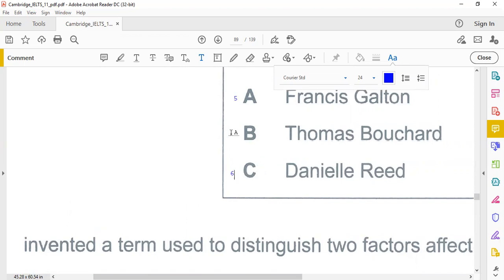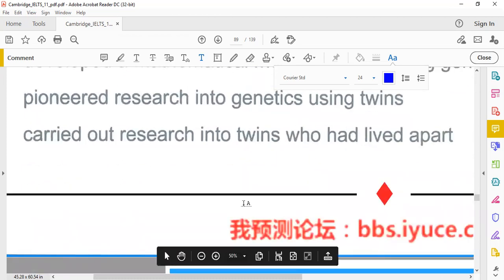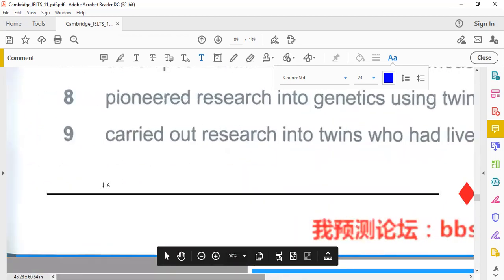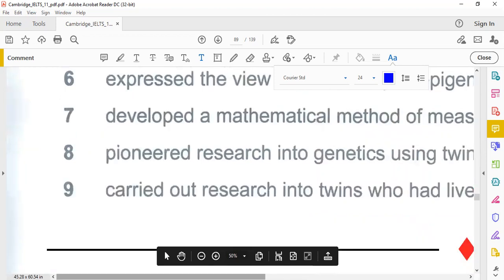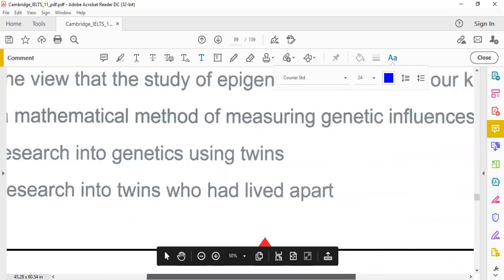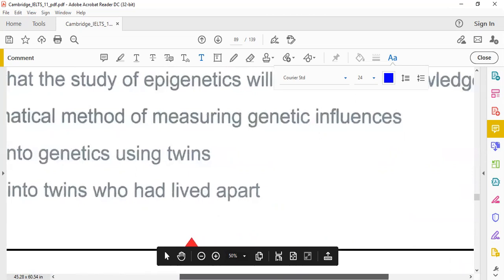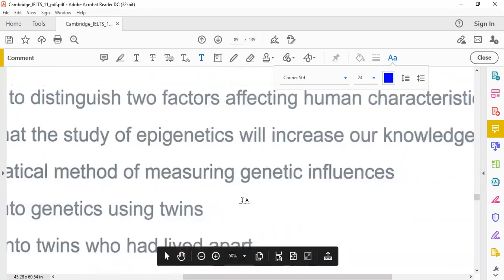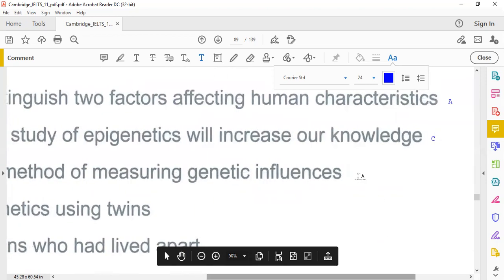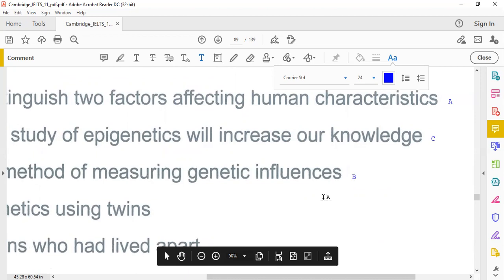This is number 7. Okay, number 7, B. B is the right option.